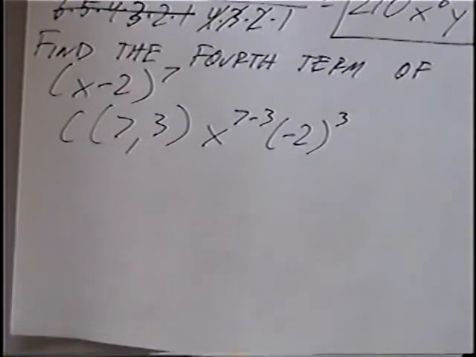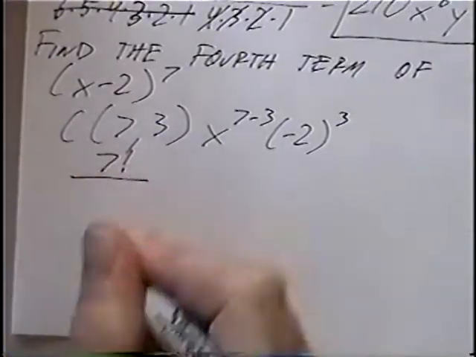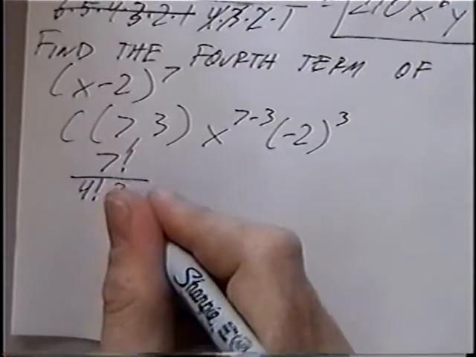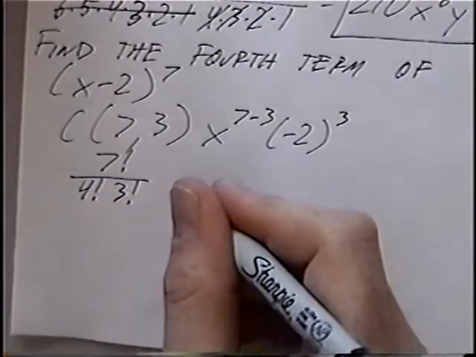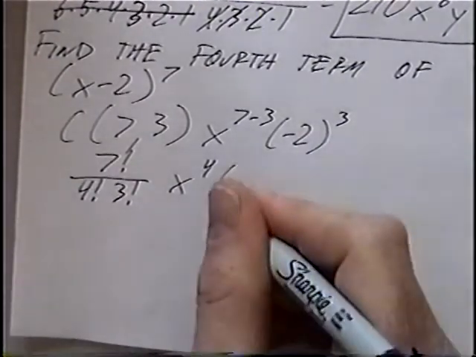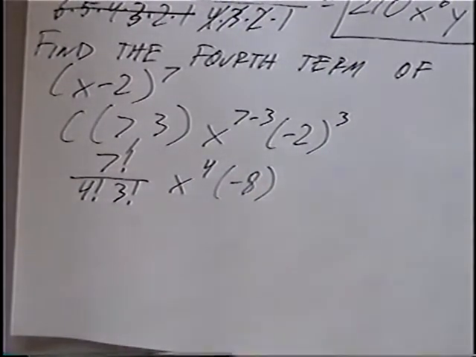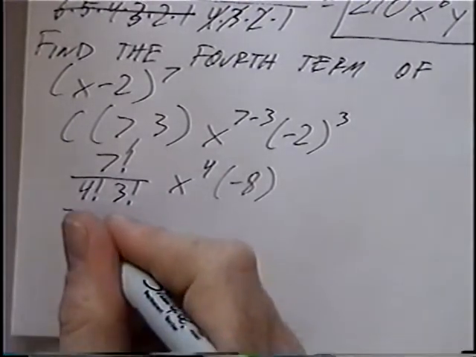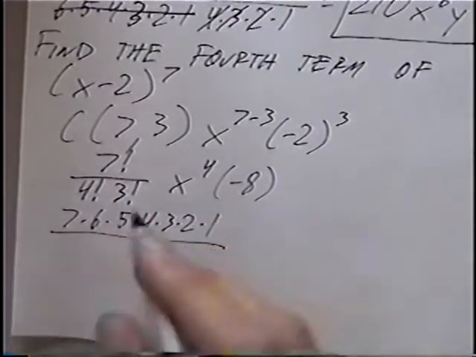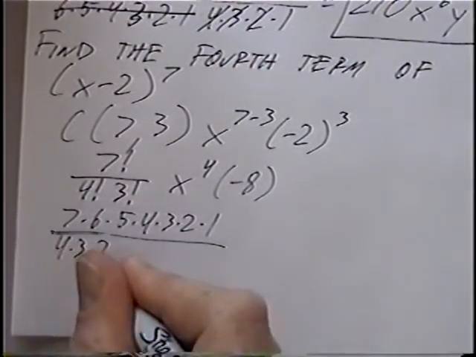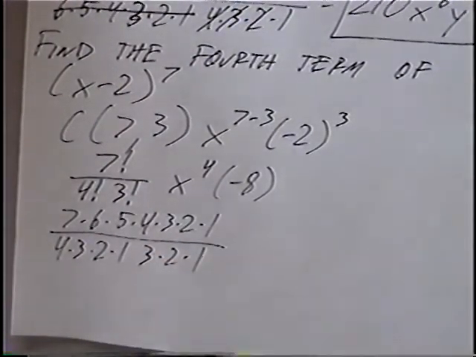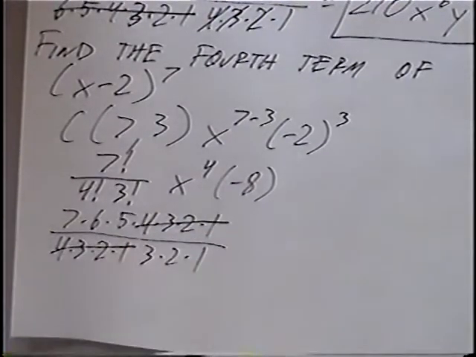Multiplying out, 7 combination 3 would be 7 factorial divided by 7 minus 3, which is 4 factorial, and 3 factorial. X to the 4th, and negative 2 to the 3rd would be negative 8. 7 factorial, 7 times 6 times 5, all the way down to 1. And 4 factorial, and 3 factorial. 4, 3, 2, 1 we can cancel.